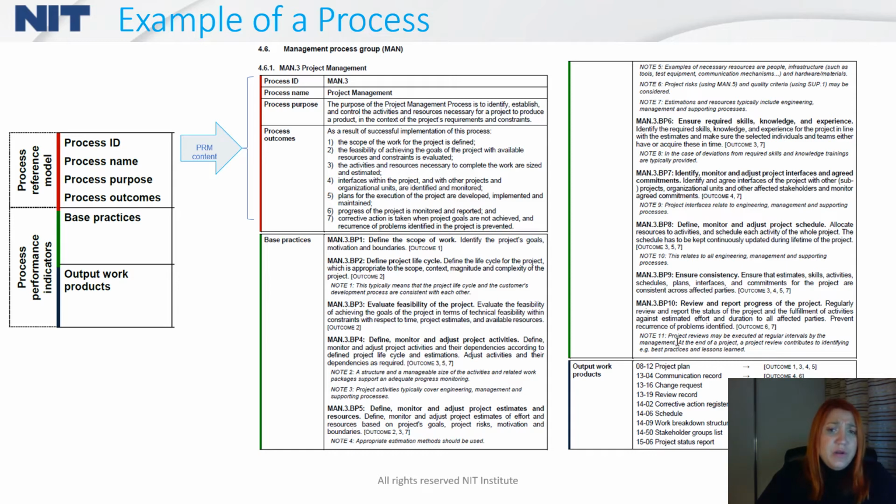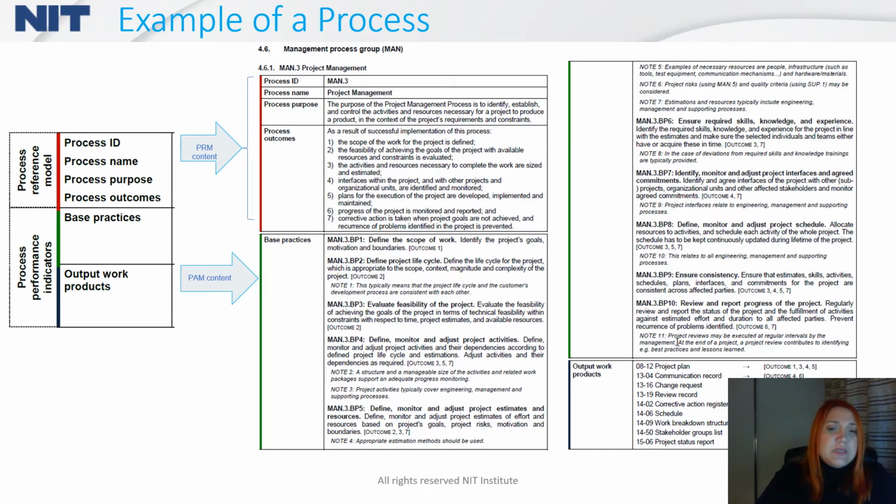And when you are looking into the process assessment model, which is formed from the best practices and output work products, you will realize that here we have some kind of checklist by which you can track whether you performed your process well.